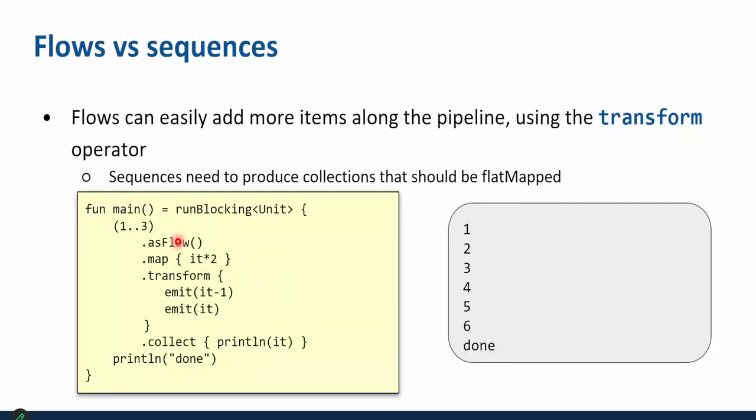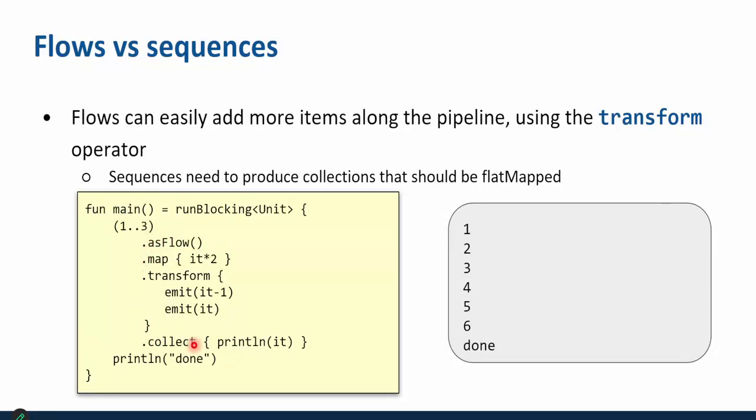Here you can see another example in which we use the transform operator, which may be useful in some cases to, for instance, go back in time and iterate among the execution of the emission. So here you have a standard scope to execute on this list of 3 items, and it is a cold flow which will execute with this method asFlow. Okay, this will create the conversion from the array to an instance of a flow.